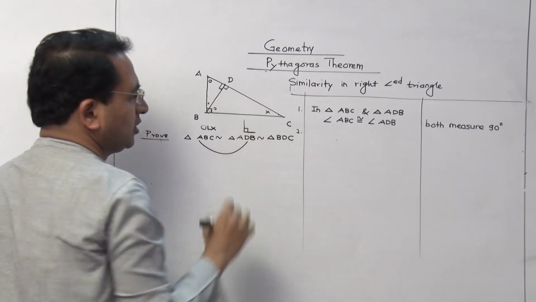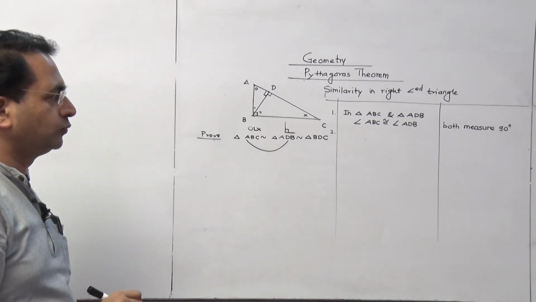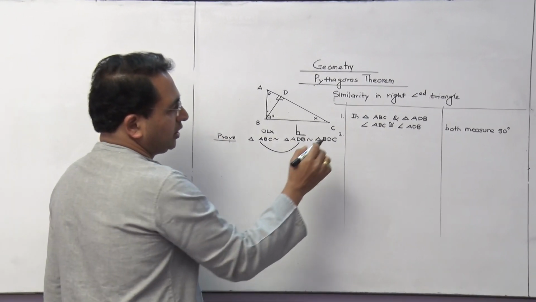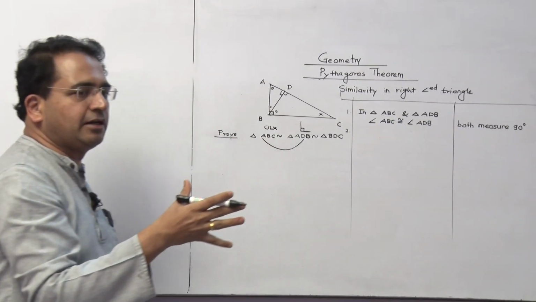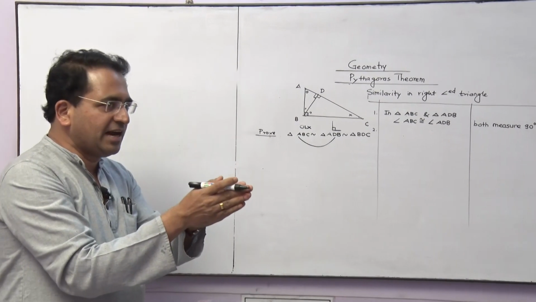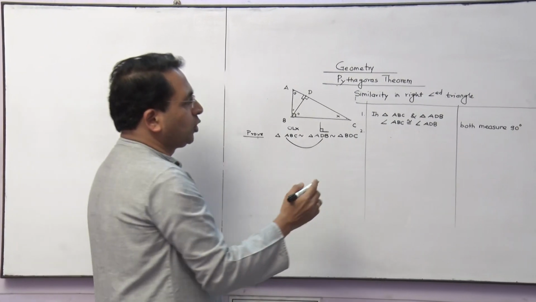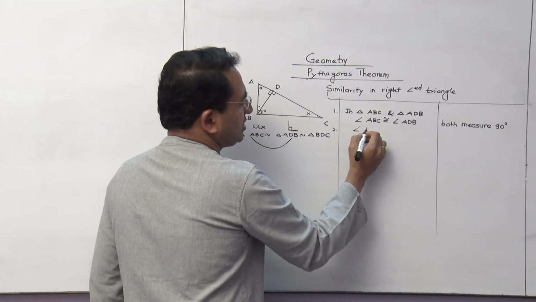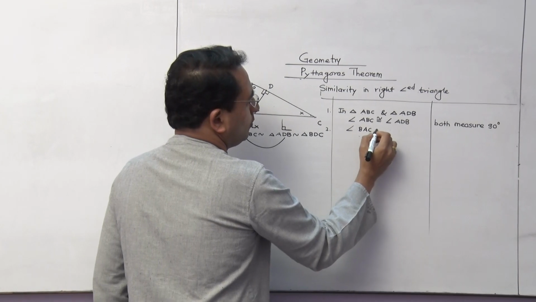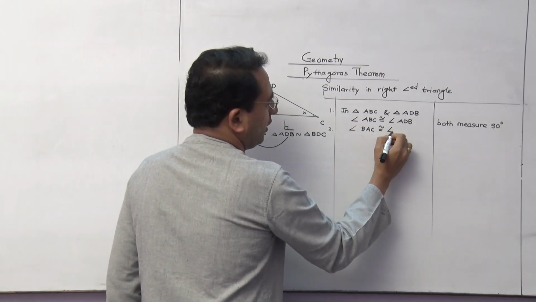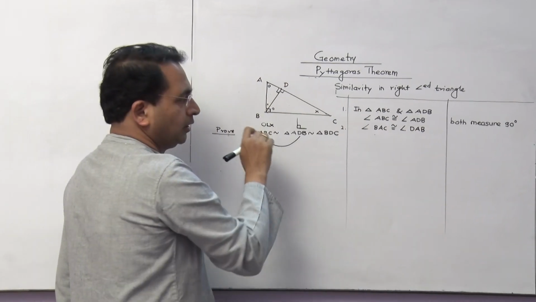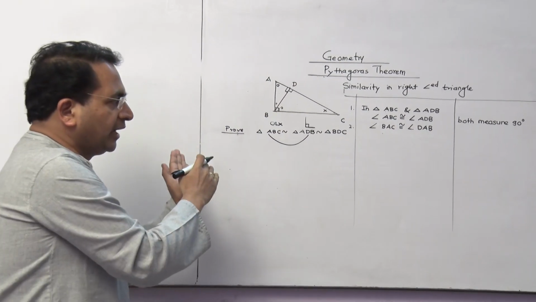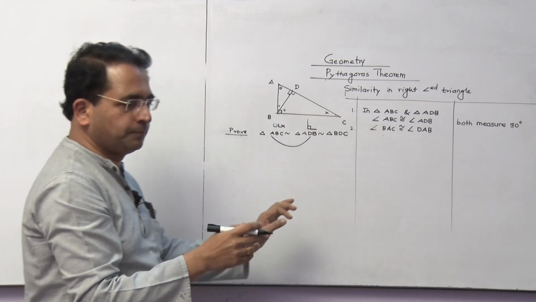Now the second statement. If you see here, both the triangles start with the same letter. So keep that at the center. Means what? Angle BAC, we have to write congruent with angle DAB. Now you check the diagram. From the diagram you don't go for this.